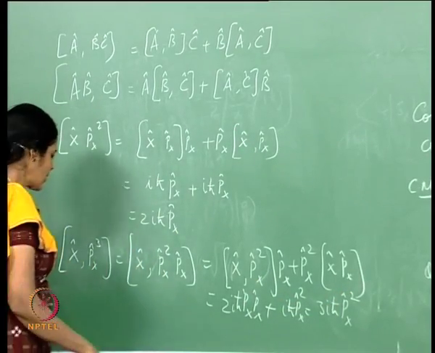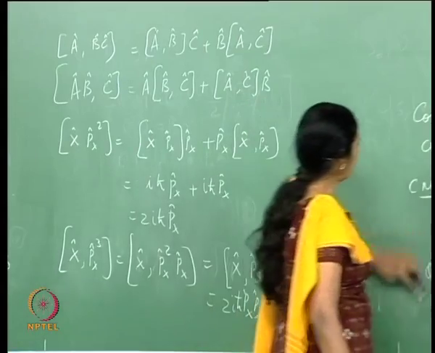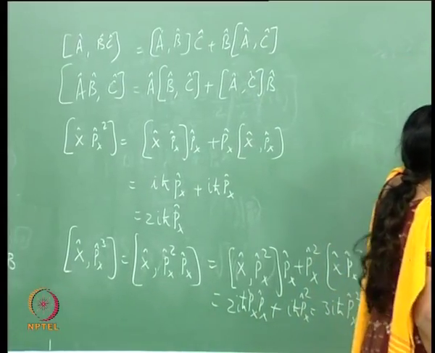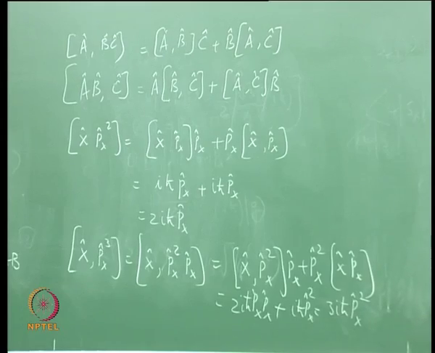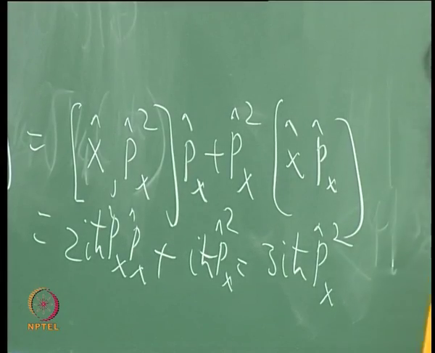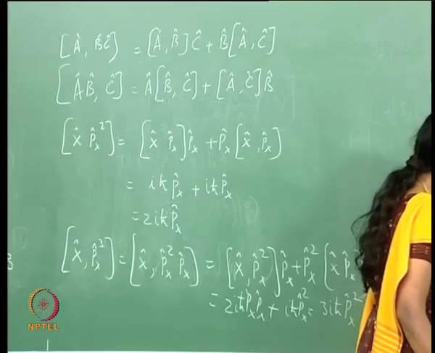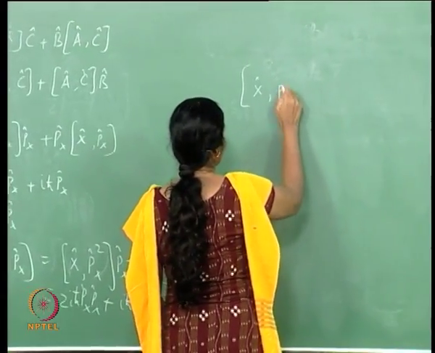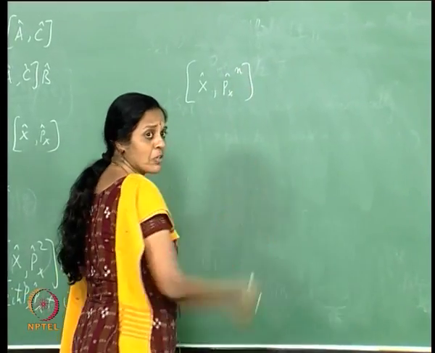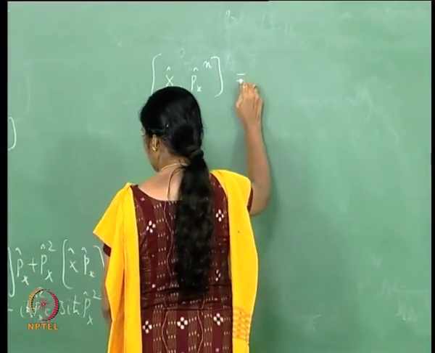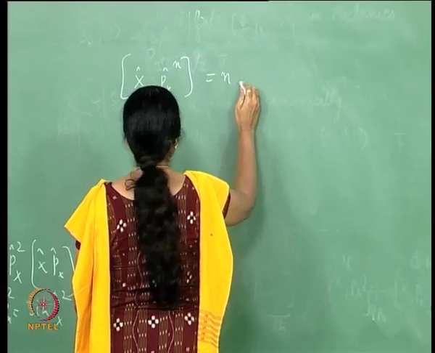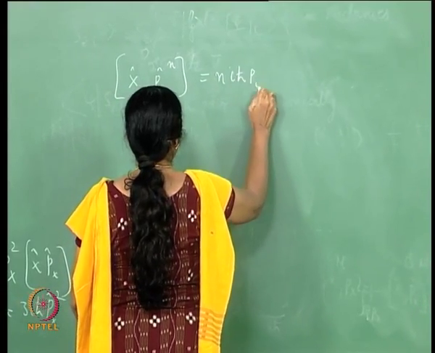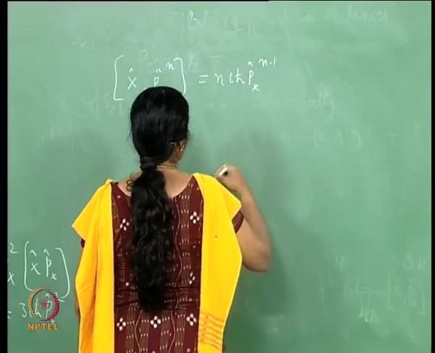So by induction, it is clear that the following relation holds. The commutator of x with Px to the power of n, where n is some positive integer, is n iħ Px to the n minus 1.